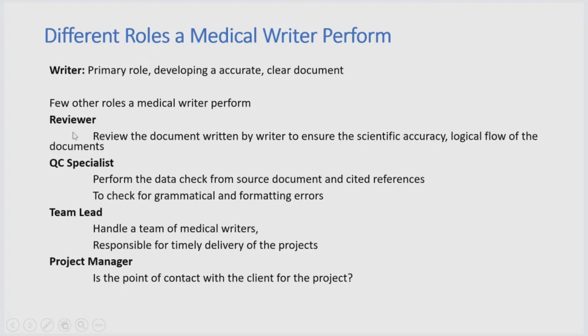One is the reviewer. The reviewer is the one who reviews the document for its scientific accuracy, logical flow, and so on. Once you have good experience in writing, you become a reviewer also after 2 to 3 years. Now there is another role which is known as QC specialist.